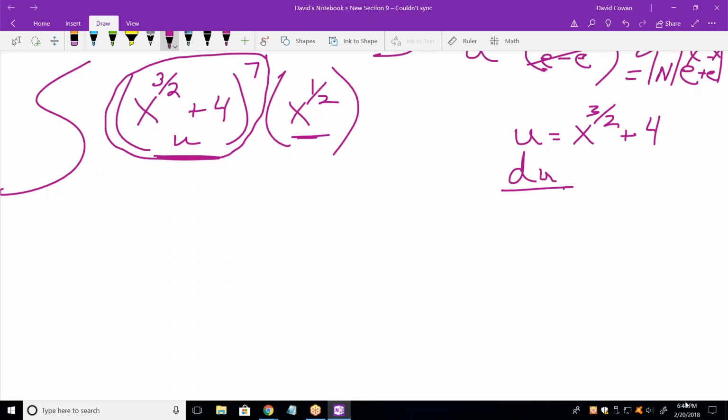In other words, half of all integral problems is differentiation. All right, so that would be 3/2 x to the 1/2. And then multiply both sides by dx.